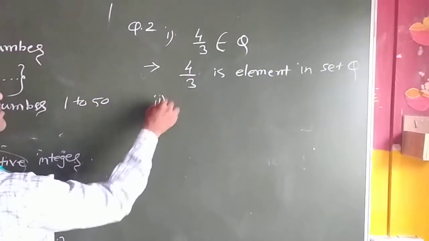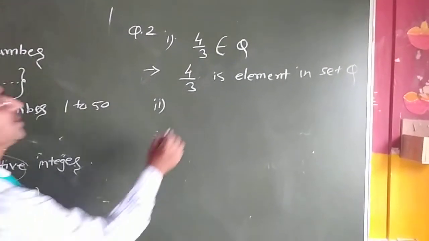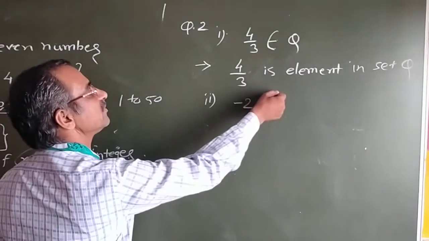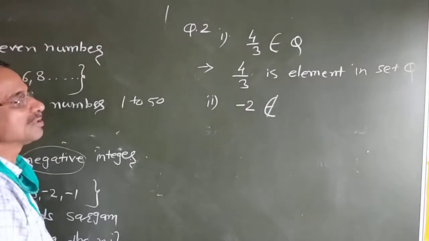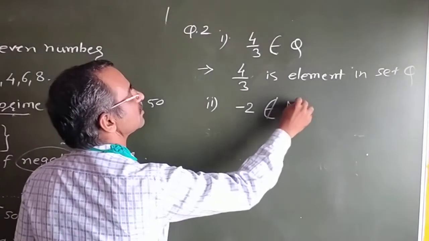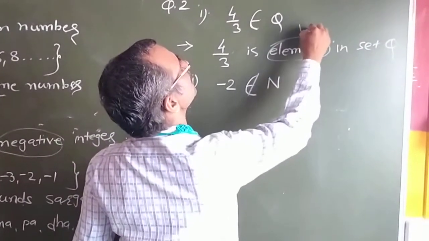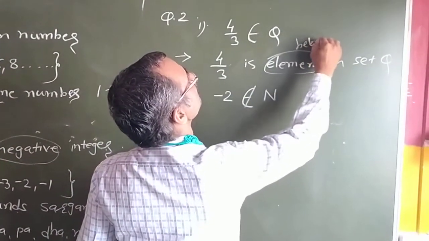Then second, -2 does not belong to N. This sign is belongs, but if we cross it, then it is not belongs. Here we can also write element or belongs.